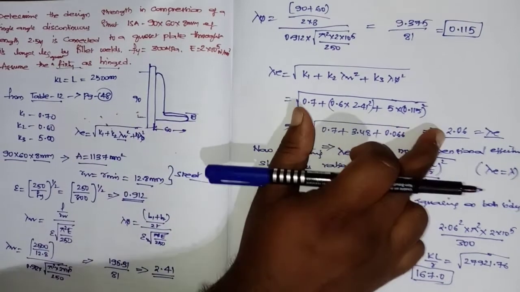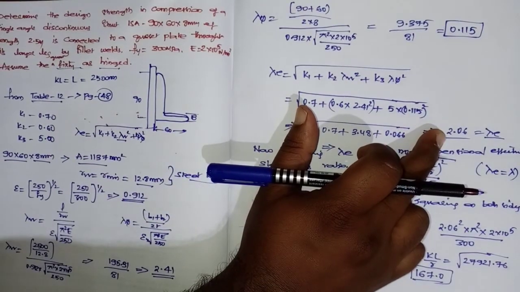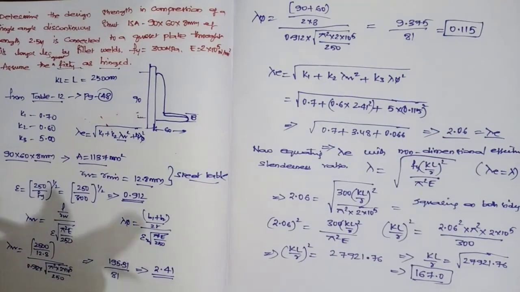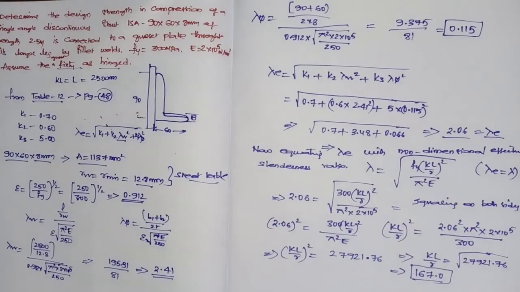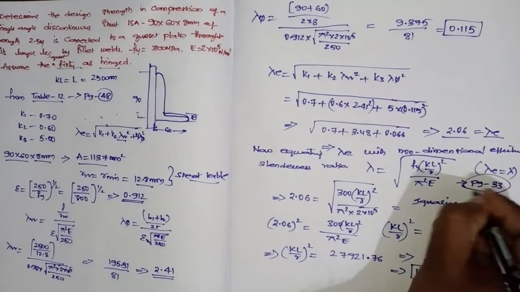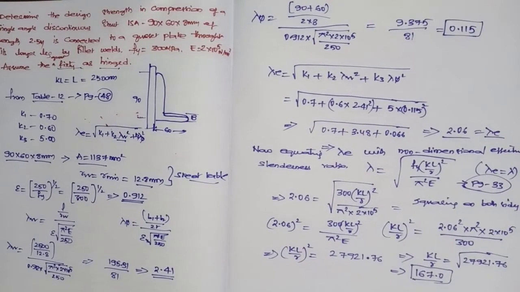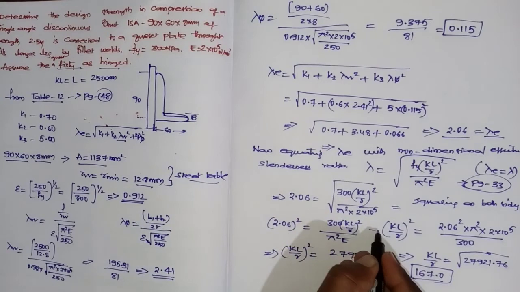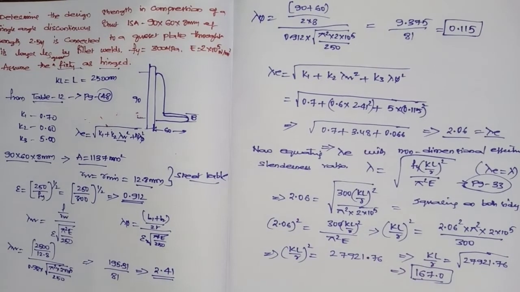Substituting here you got lambda E, the equivalent slenderness ratio value. After getting this, we equated that with the non-dimensional slenderness ratio as per this formula. This is page number 33 of IS 800 2007. After solving everything, you got the equivalent slenderness ratio 167.